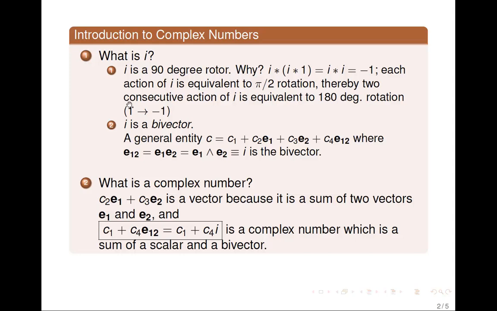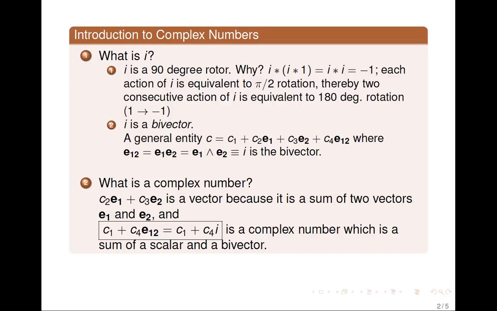We went from 1 by 2 successive applications of iota to -1, which you can think of as a 180-degree rotation from 1 to -1.